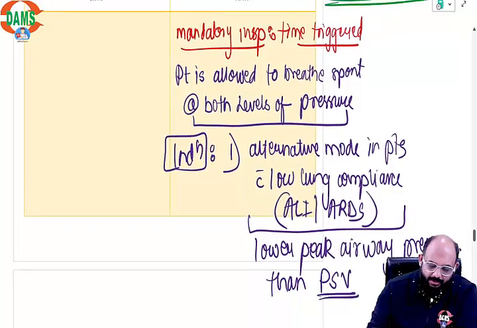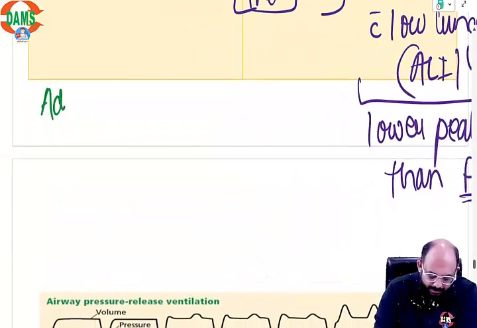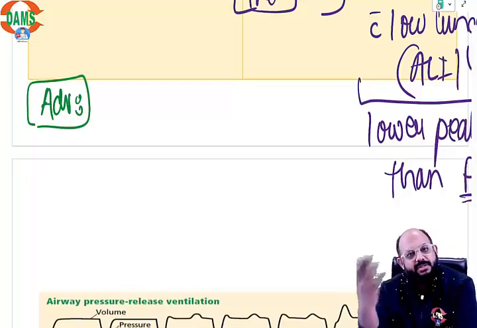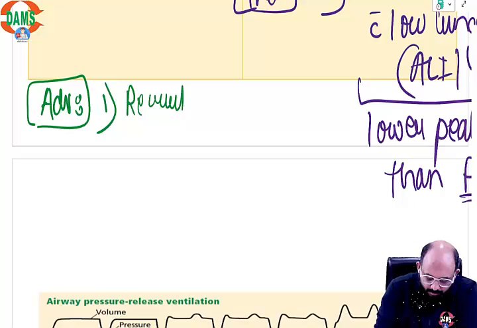Now let's talk about advantages of APRV. I told you APRV is again a short note, therefore we need to write these obvious advantages. These are also the advantages of inverse ratio ventilation. There is recruitment of collapsed alveoli.